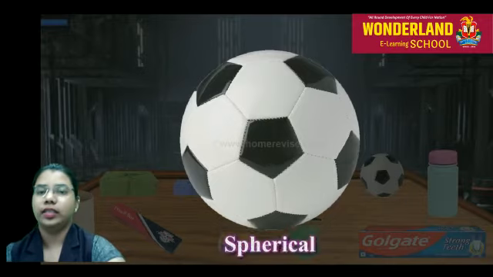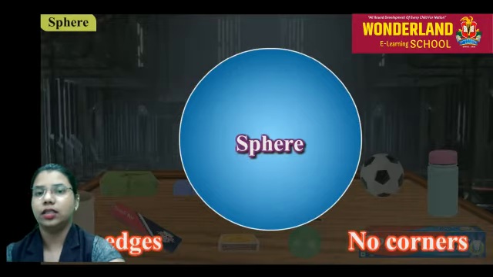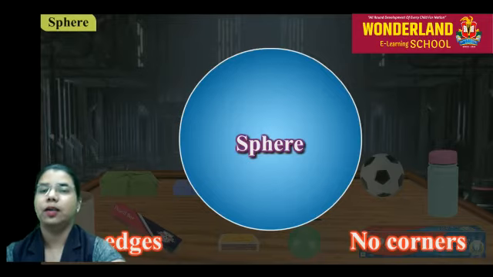Round shape or circular shape. A ball is said to be spherical. A shape like a ball is called a sphere. A sphere has no edges and no corners. No part of the shape is flat.